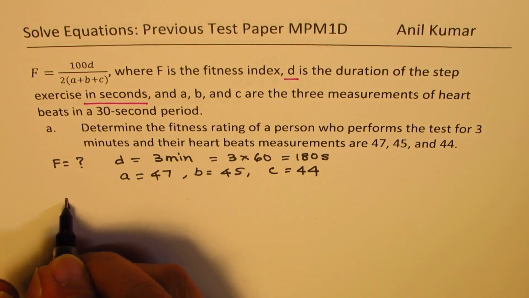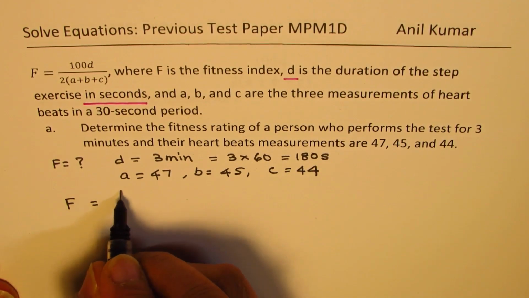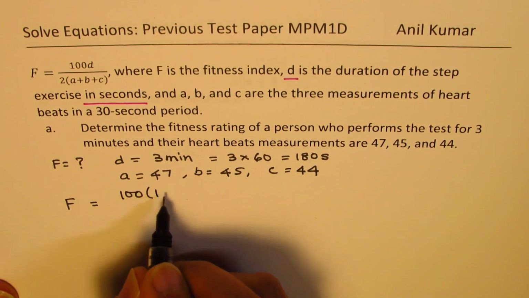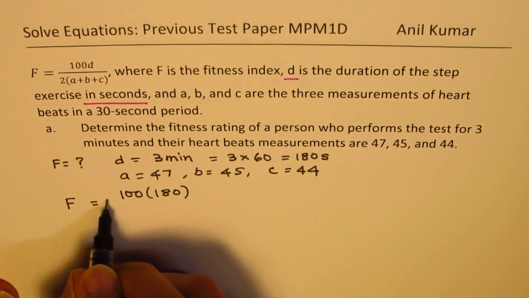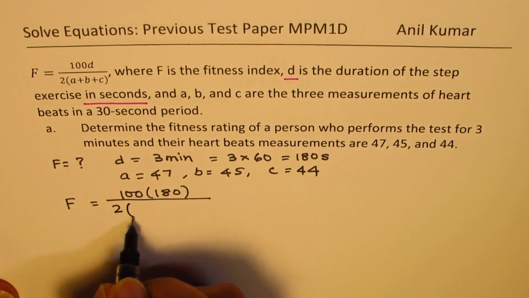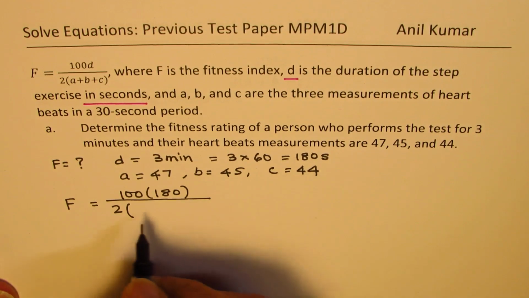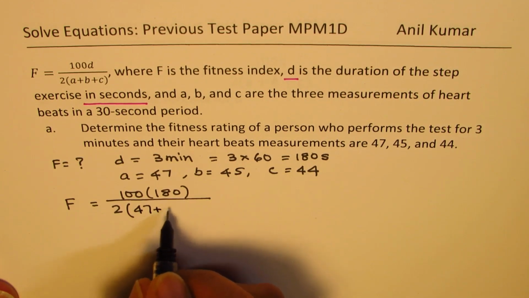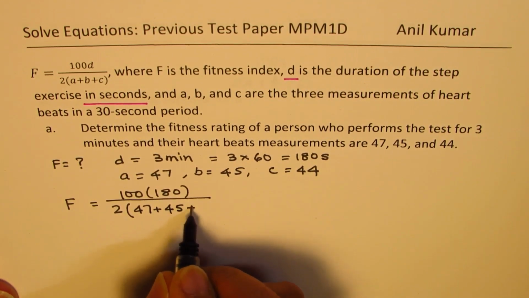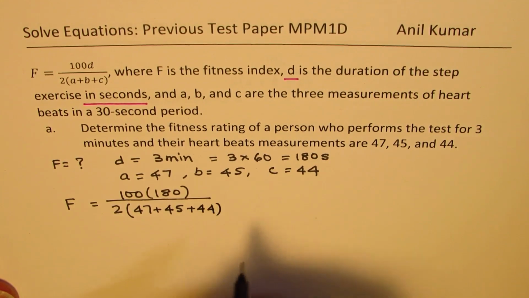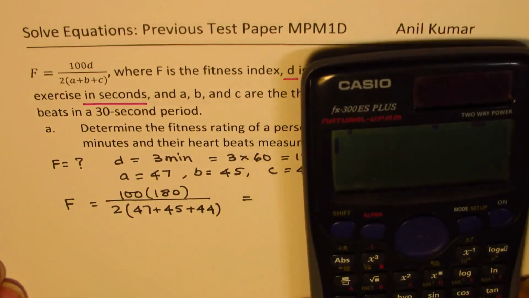Now it is a simple substitution into the formula. So it is 100 times 180 divided by 2 times the sum of these 3, which is 47 plus 45 plus 44, correct? So you can do the calculation.